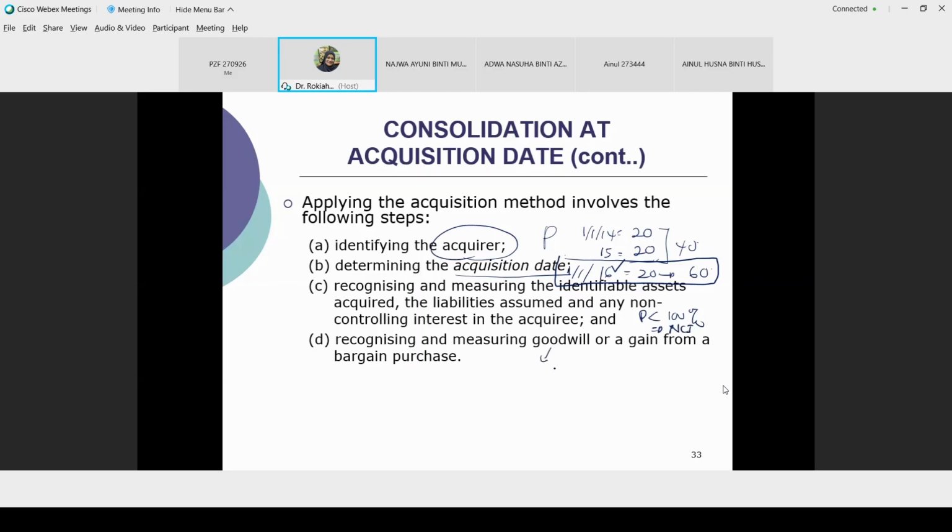Goodwill arises when the purchase price is more than the net identifiable assets. A bargain purchase is when the purchase price is lower than the net identifiable assets, recorded as a gain and transferred to the income statement. Goodwill becomes an asset and goes to the statement of financial position. That is the four steps.